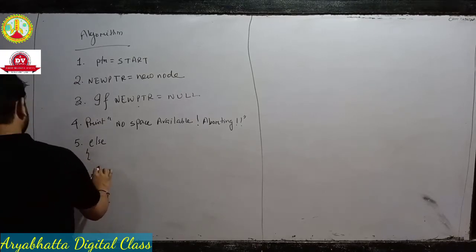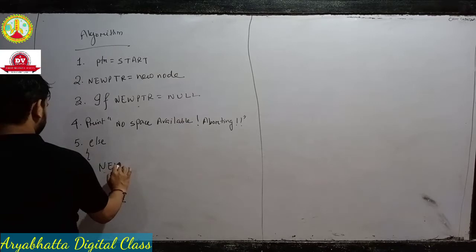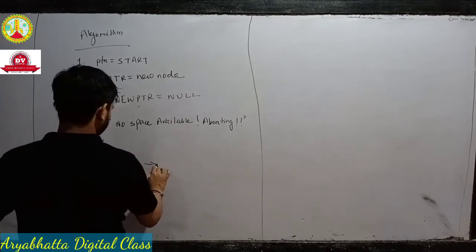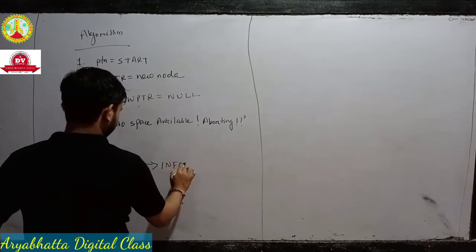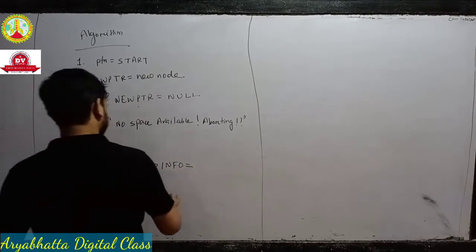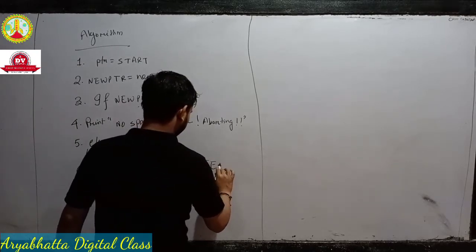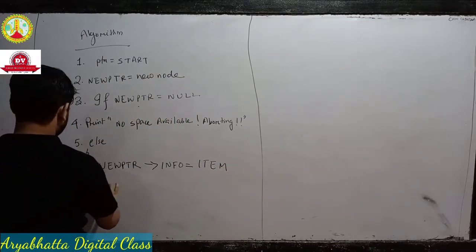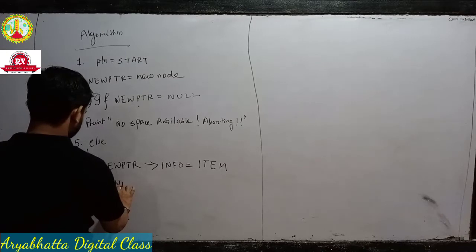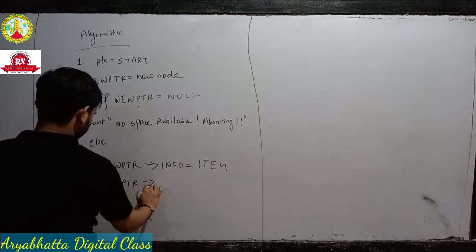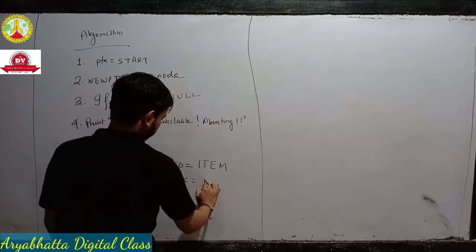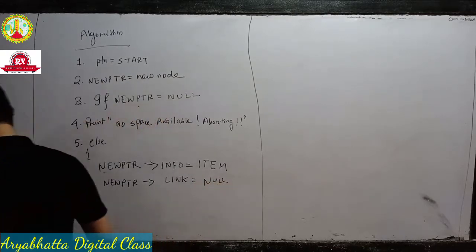New ptr info is equal to item, which means the information part contains the item, and link is null.